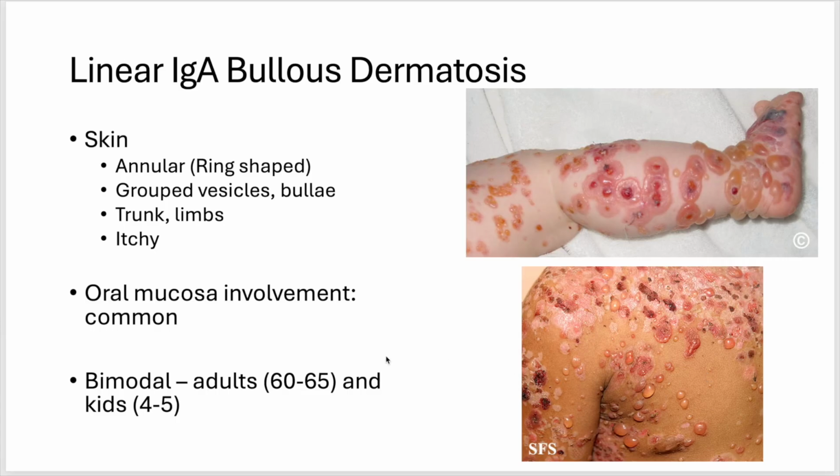LABD has a bimodal distribution. It shows up in young kids, usually around 4 to 5 years old, and again in older adults around 60 to 65. In adults, it's often drug-induced, with vancomycin being the most classic trigger, but penicillins and other medications can do it as well.